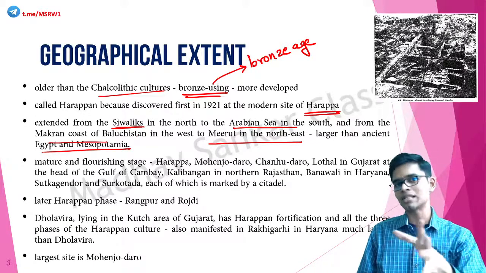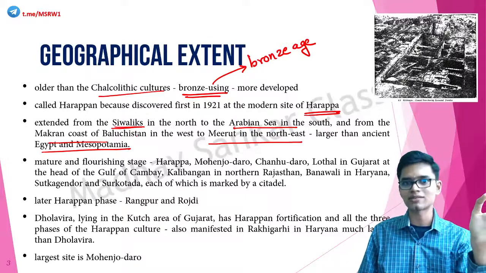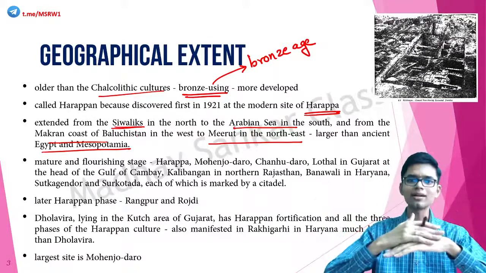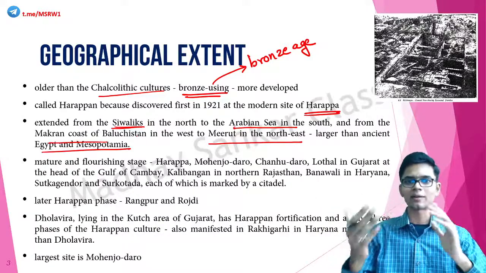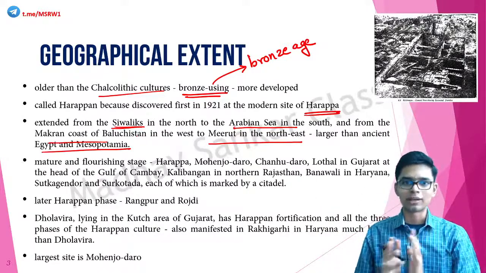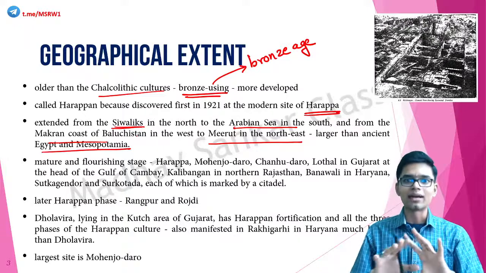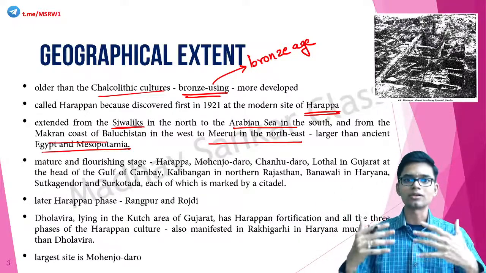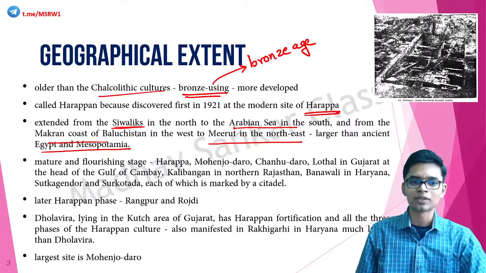These are contemporary civilizations. Egyptian civilization, Mesopotamian civilization, all existed almost simultaneously, not exactly parallel, but still there were overlaps among them. And among all these, the biggest geographical extent is attributed to Indus Valley civilization.